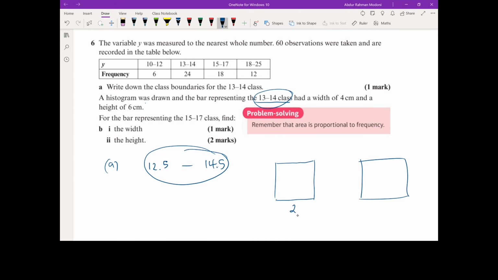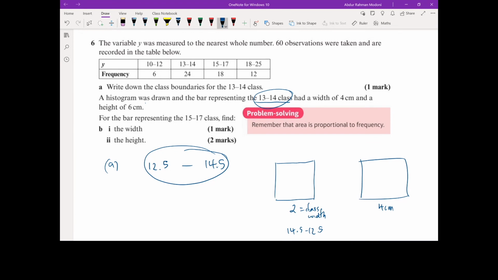This is in terms of whatever we are measuring, the y values here. So the class width is 2. And then for that same bar, they tell us that it has a width of 4 centimeters. So I'm going to write down 4 centimeters here as the actual width of it, which corresponds to the class width we worked out by doing 14.5 minus 12.5.